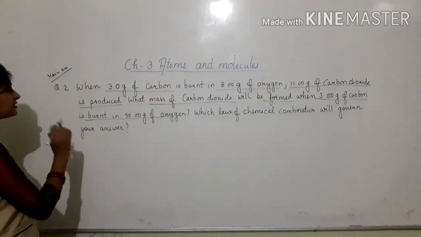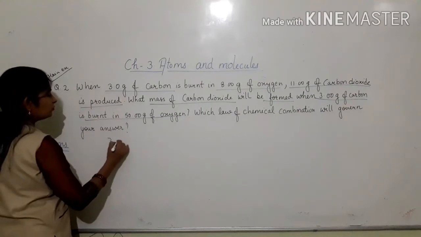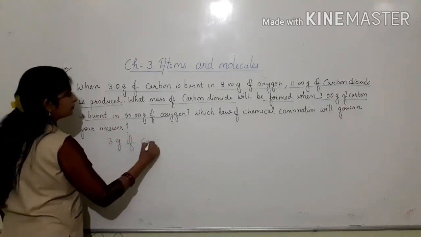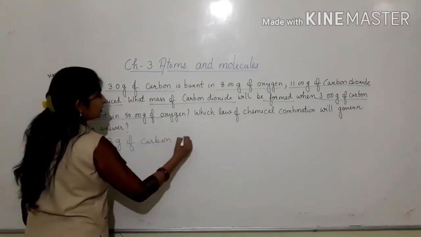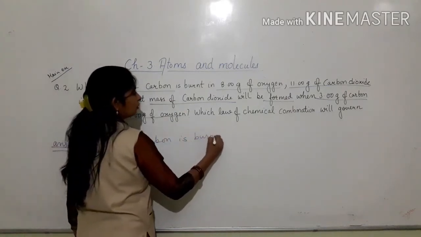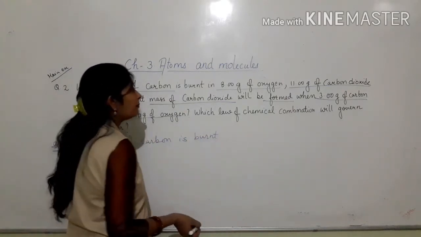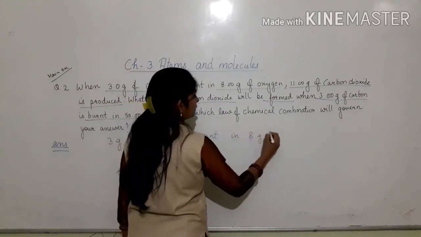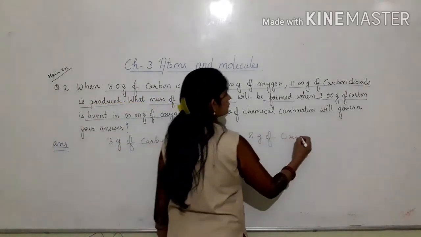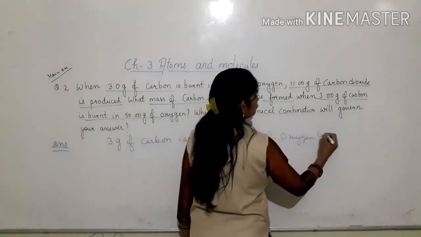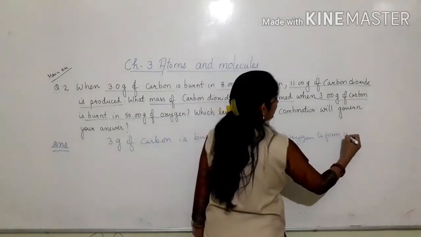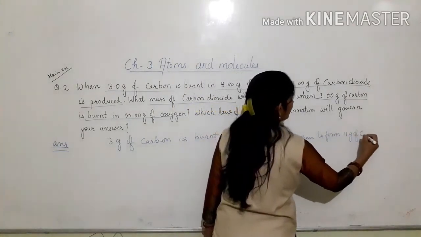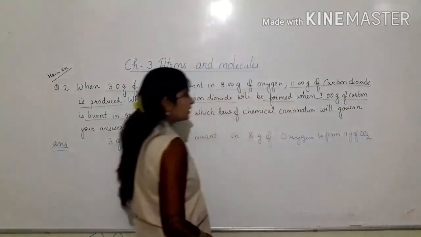See, what is given? 3 gram of carbon is burned, or we can say is combined with 8 gram of oxygen to form 11 gram of carbon dioxide.